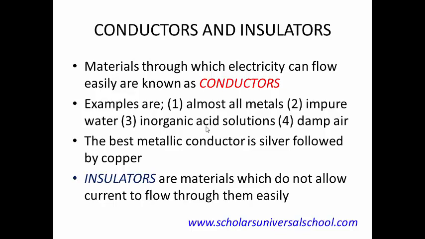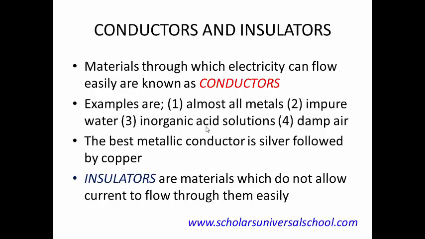Impure water allows currents to flow through it. Other examples would be inorganic acid solution and damp air. All these are examples of conductors. The best metallic conductor is silver, followed by copper.